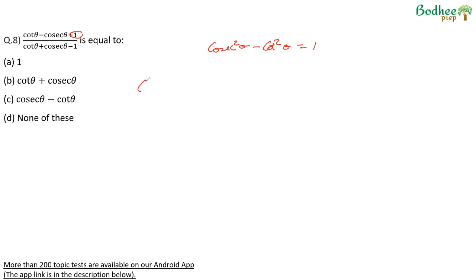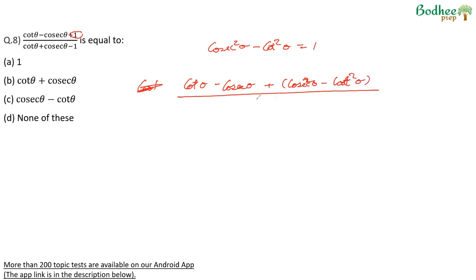So cot theta minus cosec theta plus cosec square theta minus cot square theta. 1 I have written as cosec square theta minus cot square theta, upon cot theta plus cosec theta minus 1.